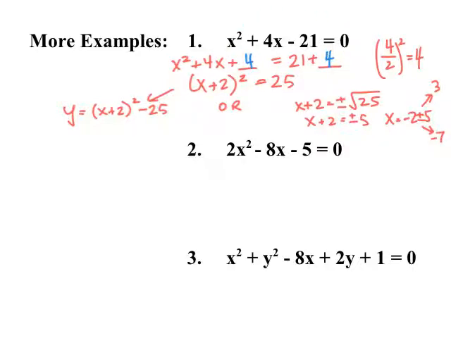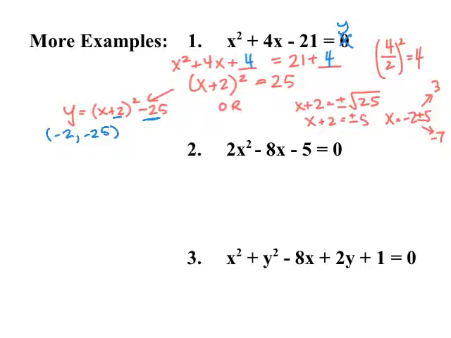If this didn't equal 0, but instead it equaled y, we can see that the graph of this quadratic looks like this now. And we know when you have a graph of a quadratic in the standard form, we can quickly find the vertex at negative 2, negative 25, looking at our transformations: left 2, down 25.